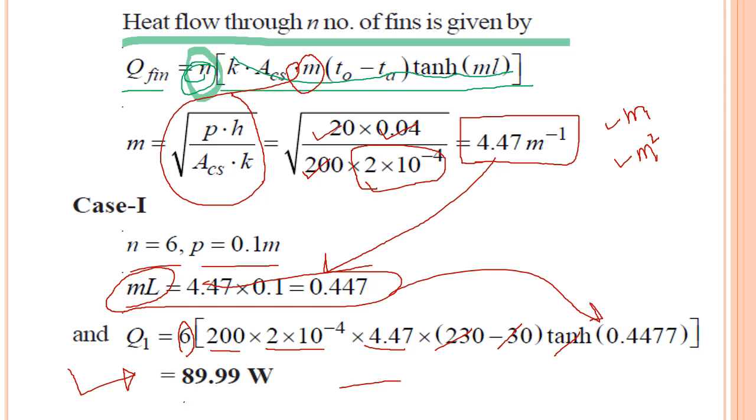So we will get first answer, that is 89.99 watt. So when we go for 6 number of fins with a length of 0.1 meter, the amount of heat loss from the fins equals 89.99, means around 90 watt.